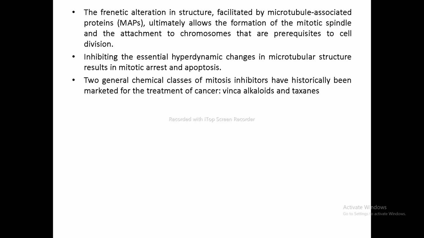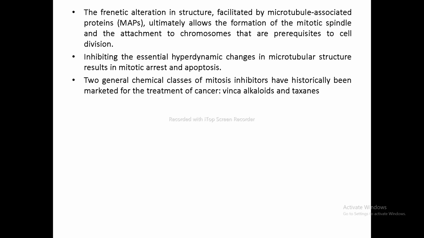The frantic alteration in structure facilitated by microtubule associated proteins ultimately allows formation of the mitotic spindle and the attachment to chromosomes that are prerequisite to the cell division. Inhibiting the essential hyperdynamic changes in microtubular structure results in mitotic arrest and apoptosis.